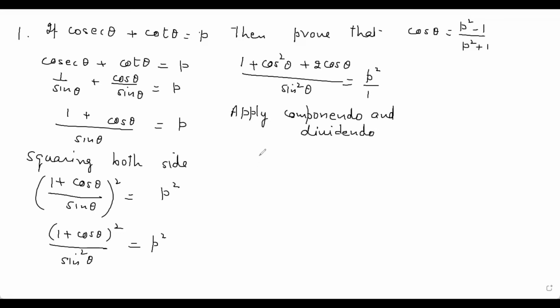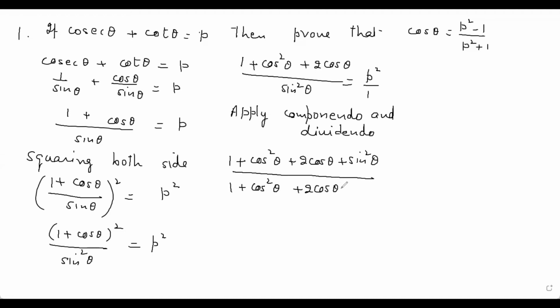In ratio and proportion, we learn about componendo and dividendo. So 1 plus cos square theta plus 2 cos theta plus sin square theta, over 1 plus cos square theta plus 2 cos theta minus sin square theta. Now this can be written as p square plus 1 and p square minus 1.